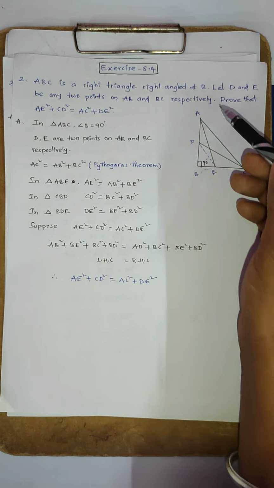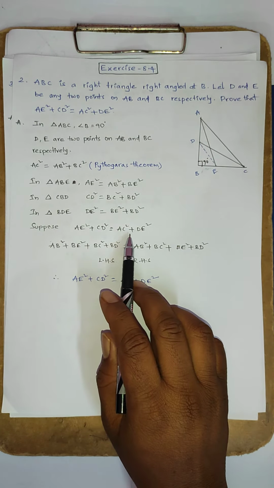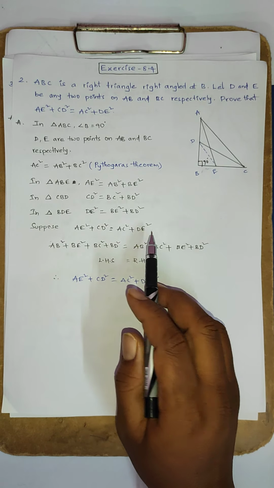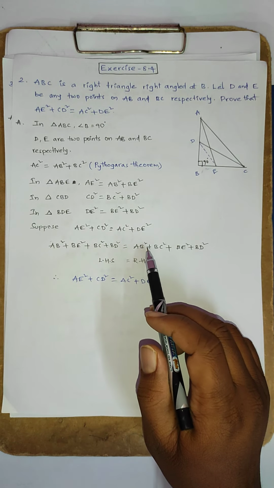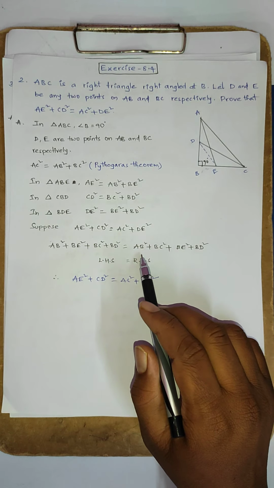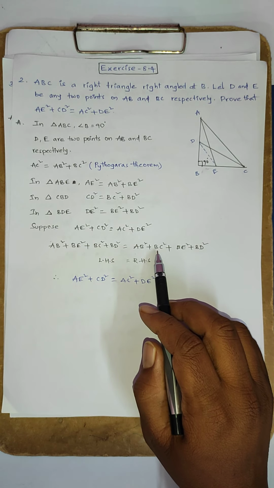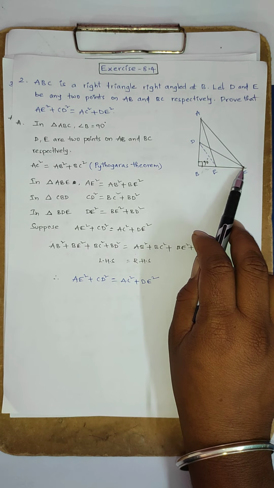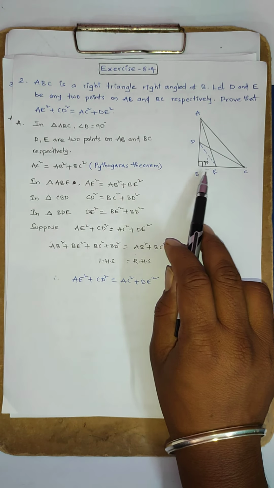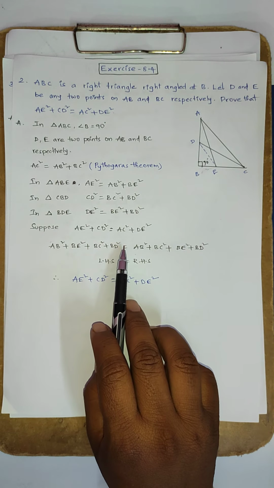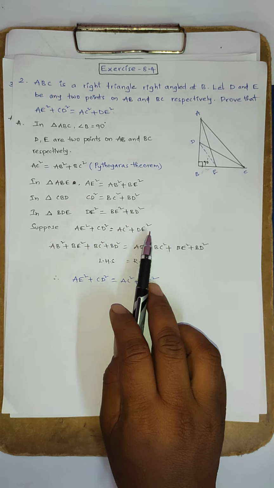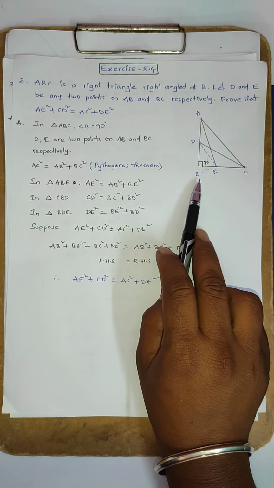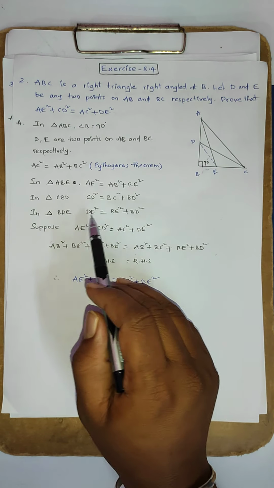Where is AC? This one. AC square is equal to AB square plus BC square, and DE square is equal to BE square plus BD square.